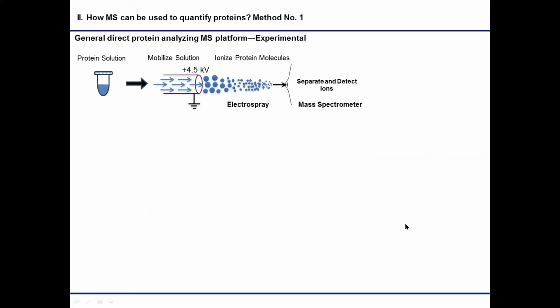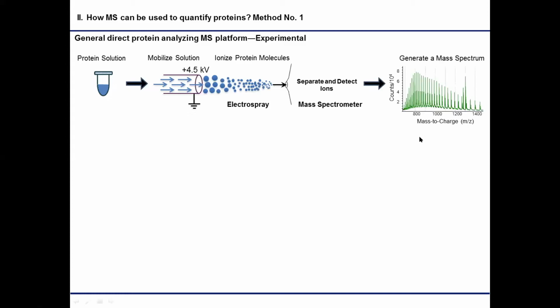We look at the general direct protein analyzing mass spectrometry platform, where you can use a protein solution to be mobilized and ionized using, for instance, electrospray ionization, and separate and detect the ions in the mass spectrometer to generate a typical single protein mass spectrum.